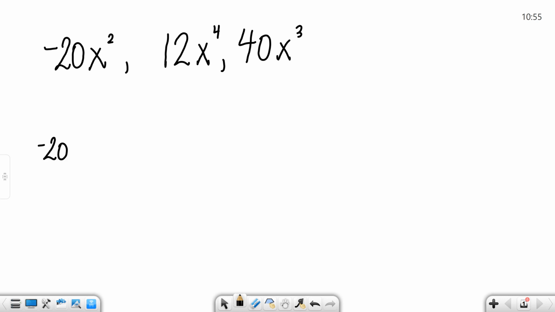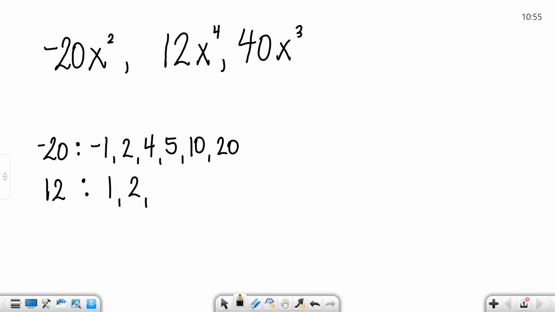Let's say I write it differently, and I write down all the numbers that go into 20. Well, I know that -1, 2, 4, 5, 10, and 20 all go into -20. If I write down all the numbers that go into 12: 1, 2, 3, 4, 6, and 12.